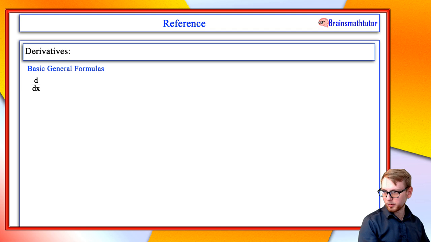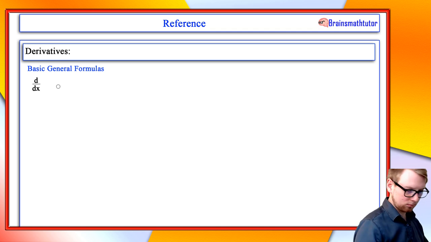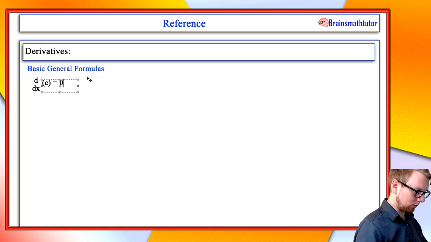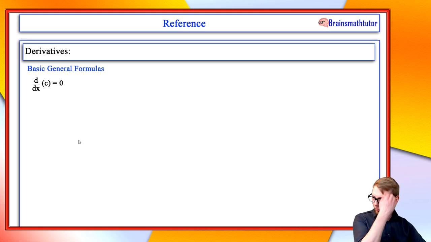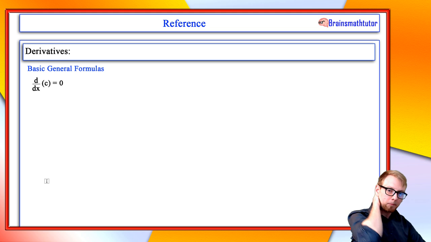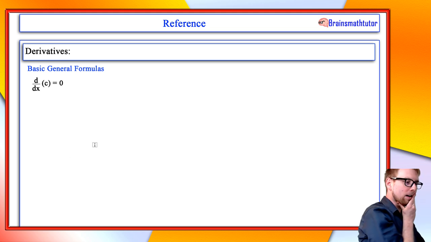Okay, first one will be a constant. Some constant C. Oh, derivative of a constant. You can fit quite a few of these with this size.